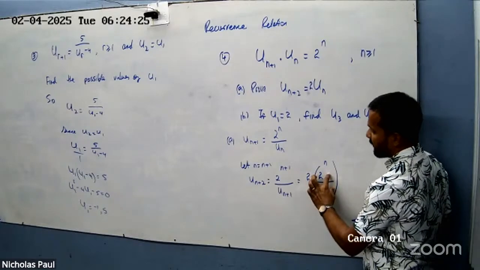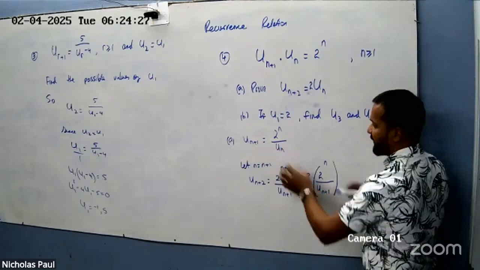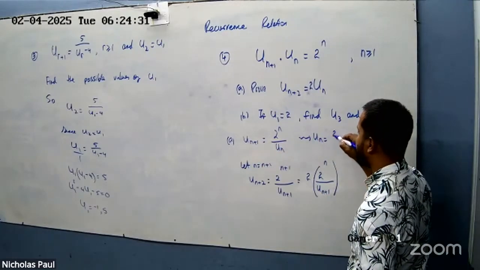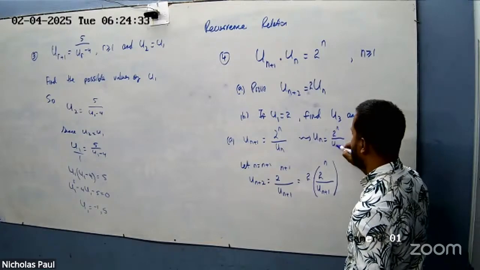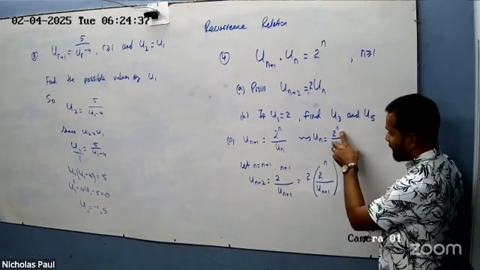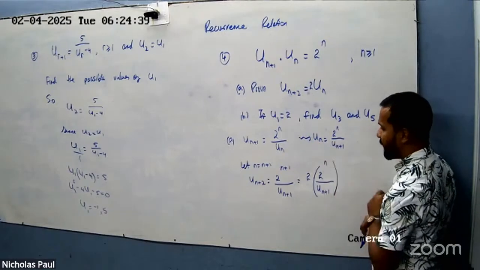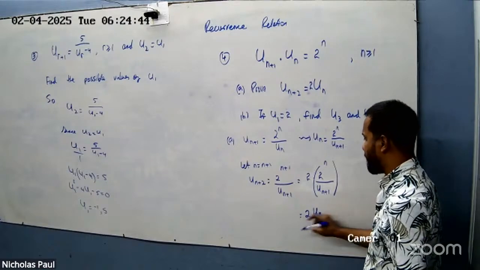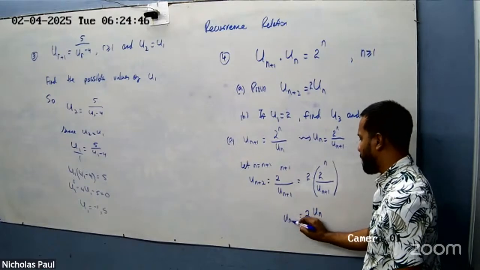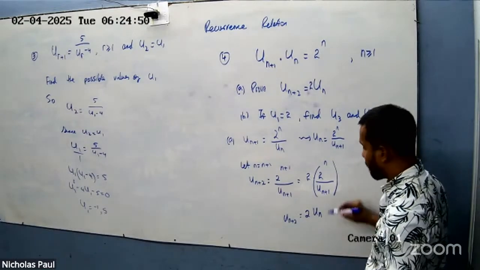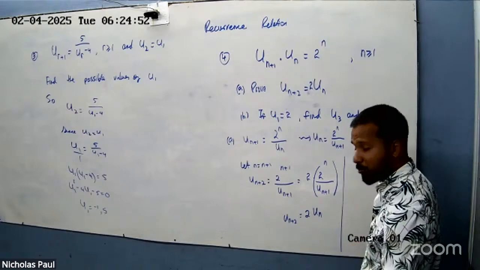If I switch places here, I'll get u to the n is 2 to the n over u to the n plus 1. This is u to the n. So I can substitute that and get u to the n plus 2 is equal to 2 u to the n. Timothy? Real easy, eh?